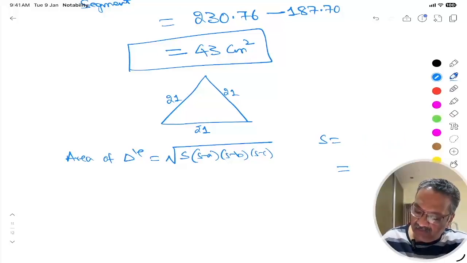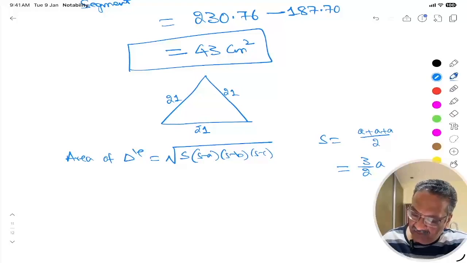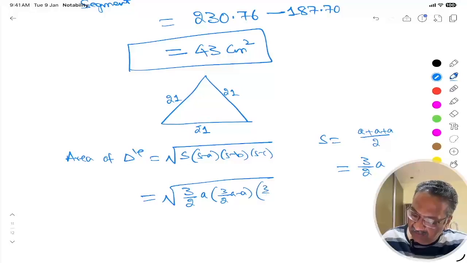S will be, all three are equal, a, so a plus a plus a by 2, all right, so 3 by 2 into a. So here we have got square root of 3 by 2 into a. S will be 3 by 2a minus a, 3 by 2a minus a, 3 by 2a minus a, where a is equal to 21 centimeter, which is the radius.